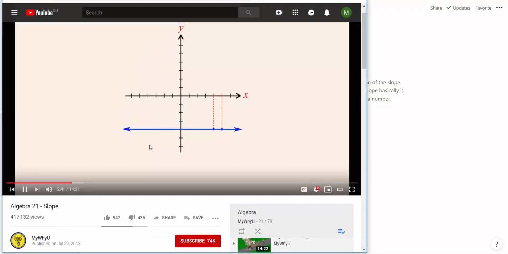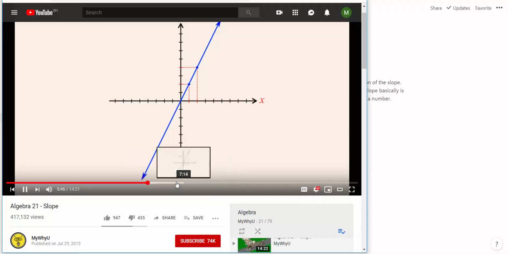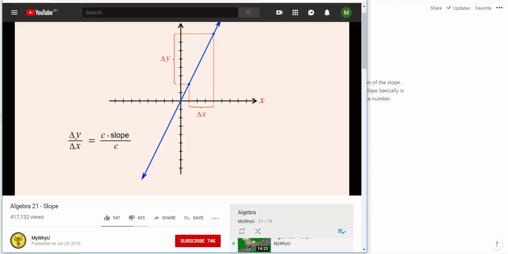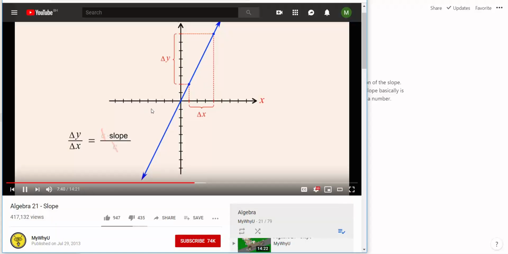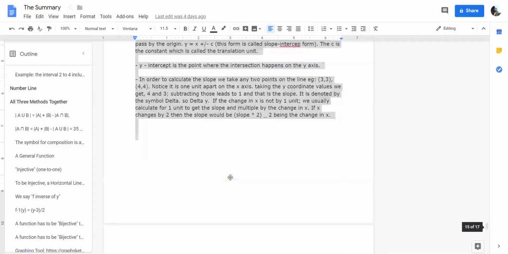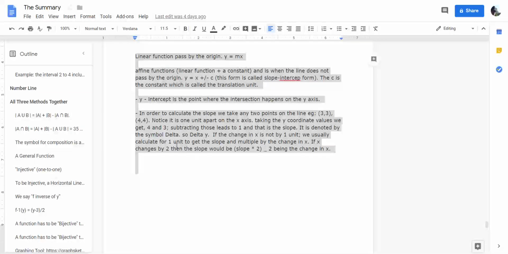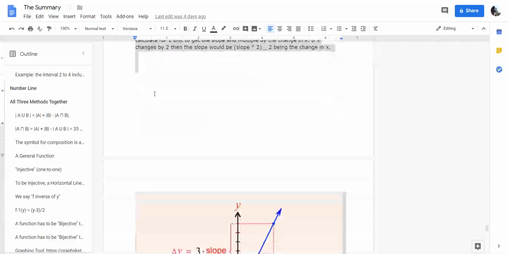The elevation of a horizontal line doesn't change regardless of the distance. Delta y divided by delta x is the same as c times the slope divided by c, or simply the slope. I think I've copied this information, but let me look it up. This is the summary of what we had last time, so I'll copy it to Notion and pick up the pace from there.